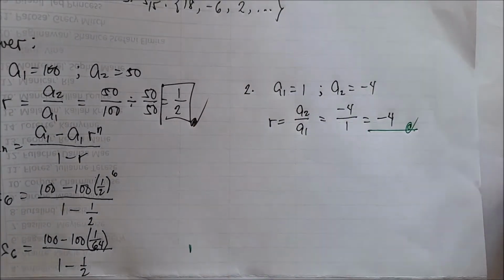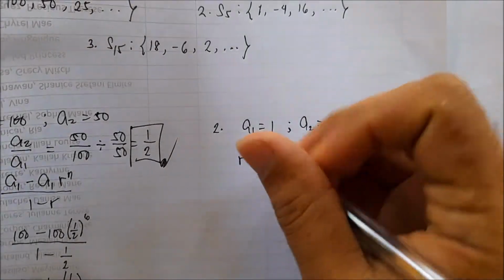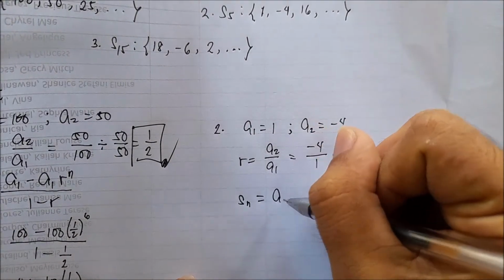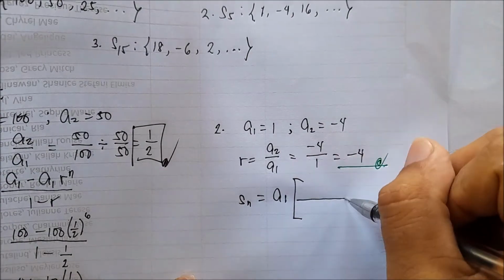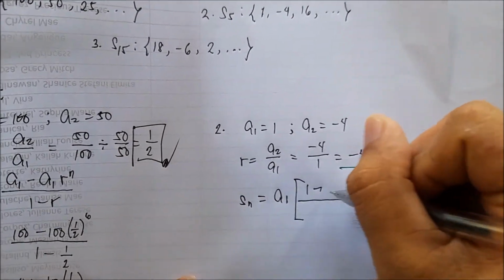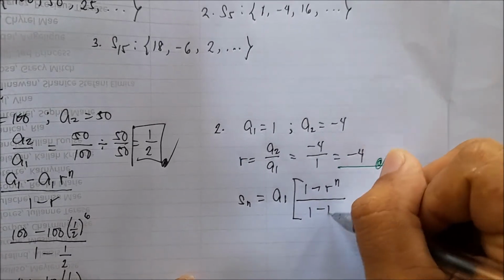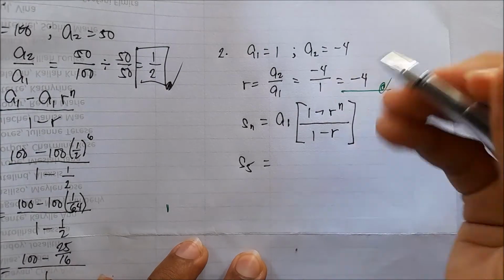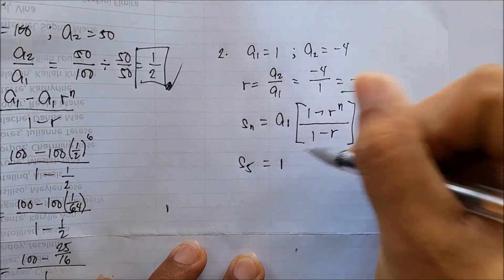So now you have the value of the ratio. Then find S sub 5. The formula S sub n equals a sub 1 times 1 minus r to the power of n, over 1 minus r. S sub 5, what is the value of a sub 1? Positive 1.